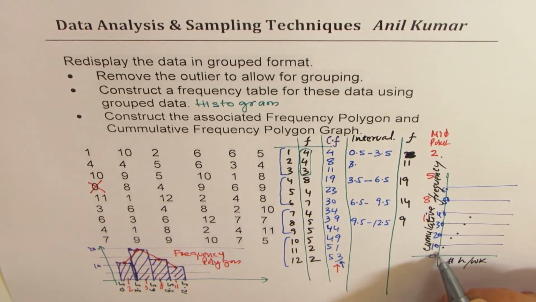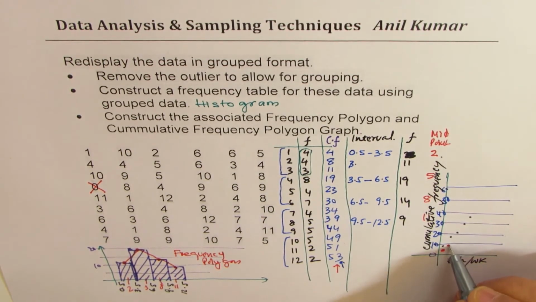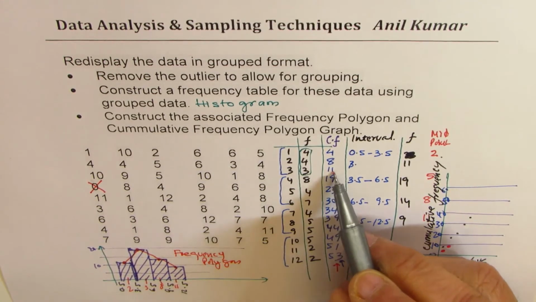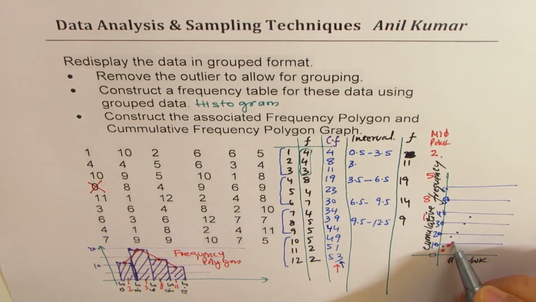So for 1, it is 4. And then it is 8, which is slightly less than 10. And then 11, more than 10.